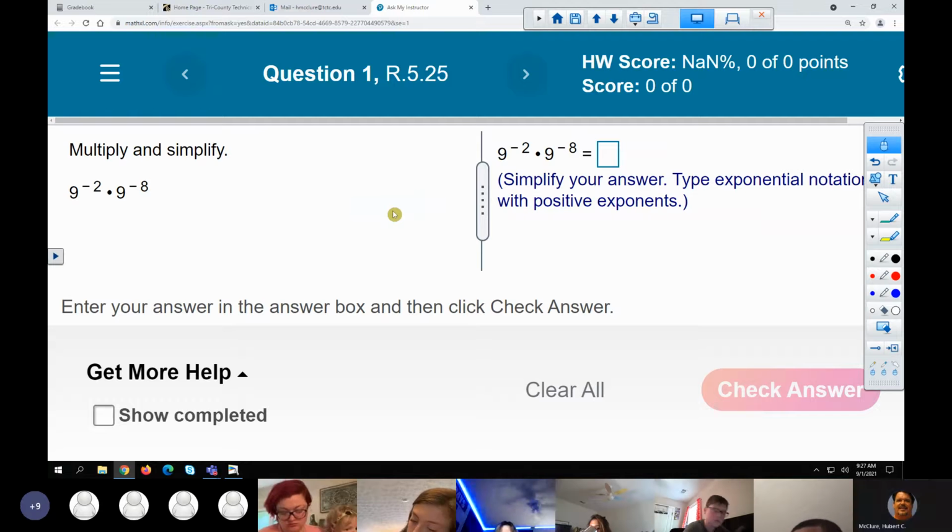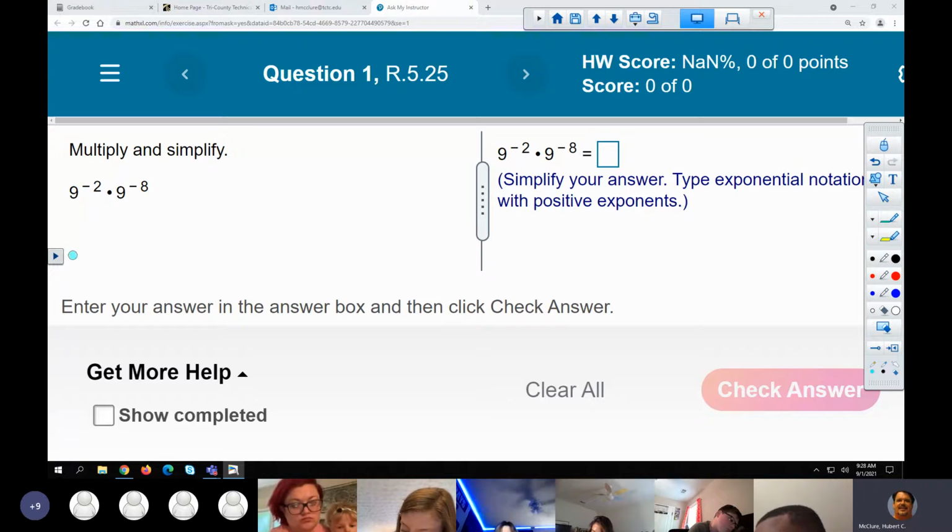So go ahead and add those 2 exponents, but I want you to write it as simplified now. And it says positive exponents. So add the exponents, because the bases are the same.